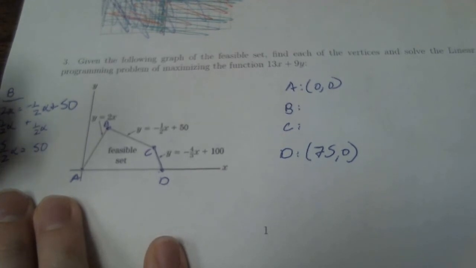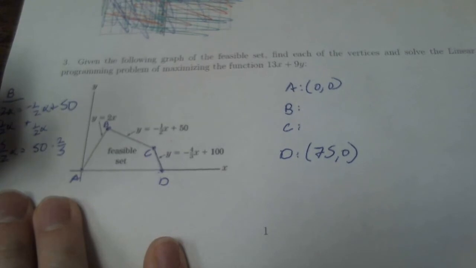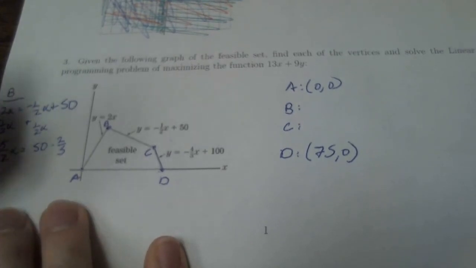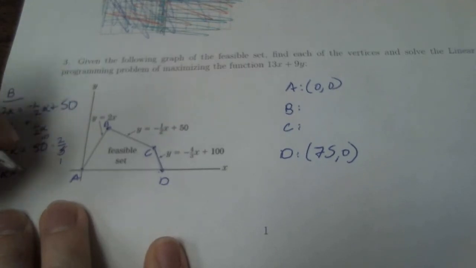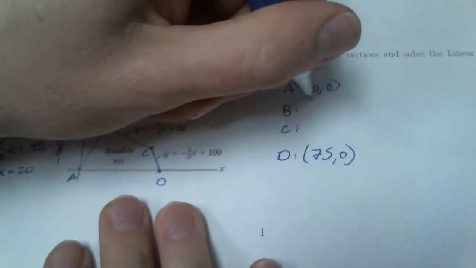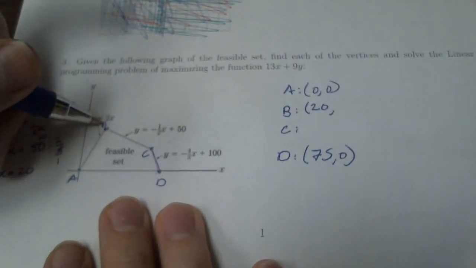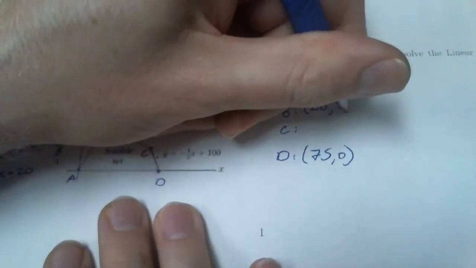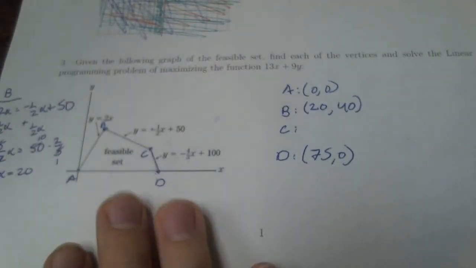We multiply both sides by 2/5, so you end up with x equals 20. And if x equals 20, that means y is going to equal 40. You can plug that into either of these two equations, and you should end up with the same thing.